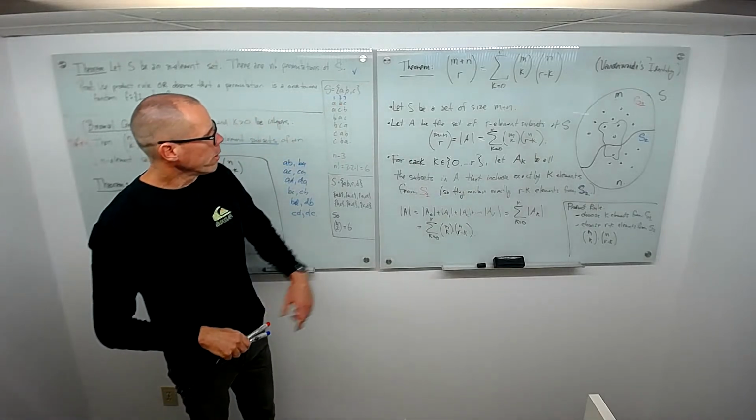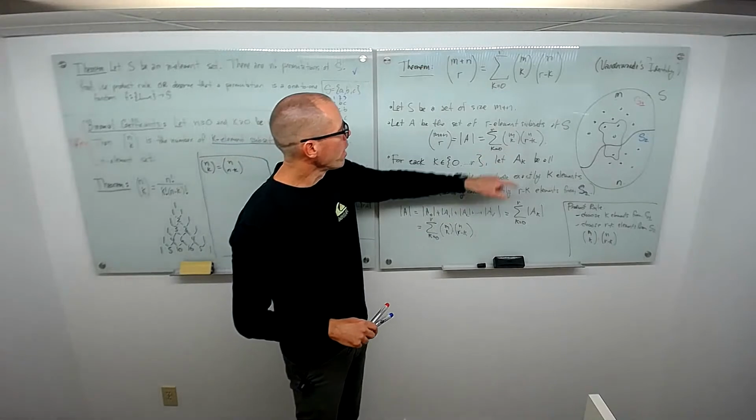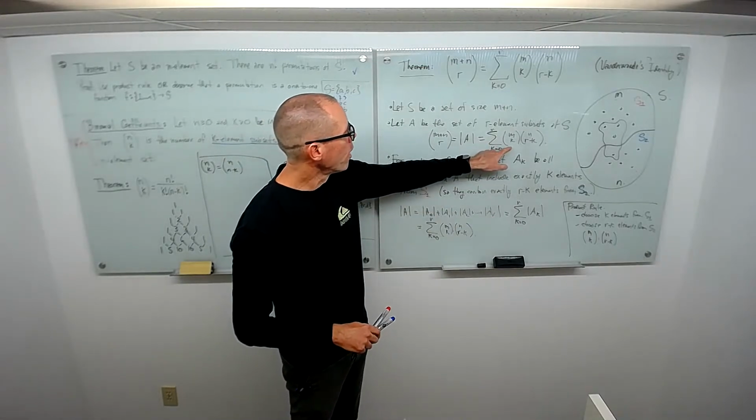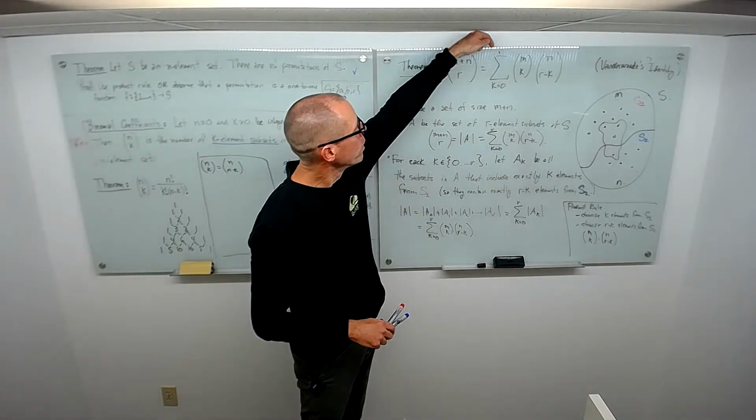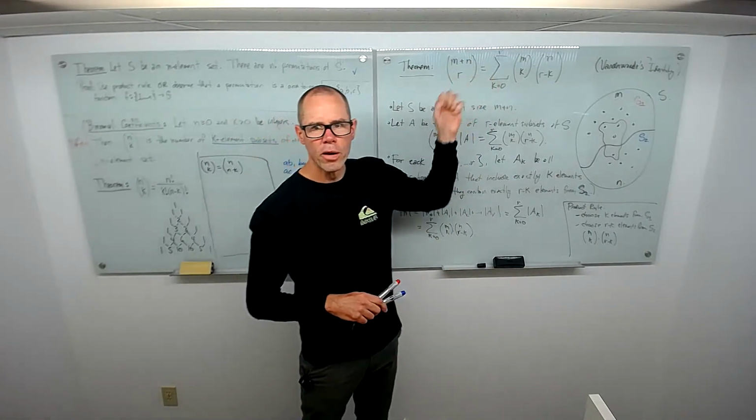And look at that. On the left-hand side, we have M plus N choose R. On the right-hand side, we have the sum K equals 0 through R, M choose K, N choose R minus K. That's Vandermonde's identity.